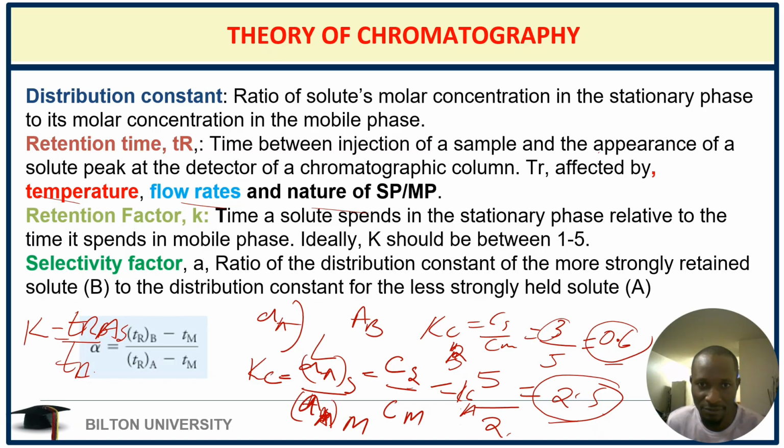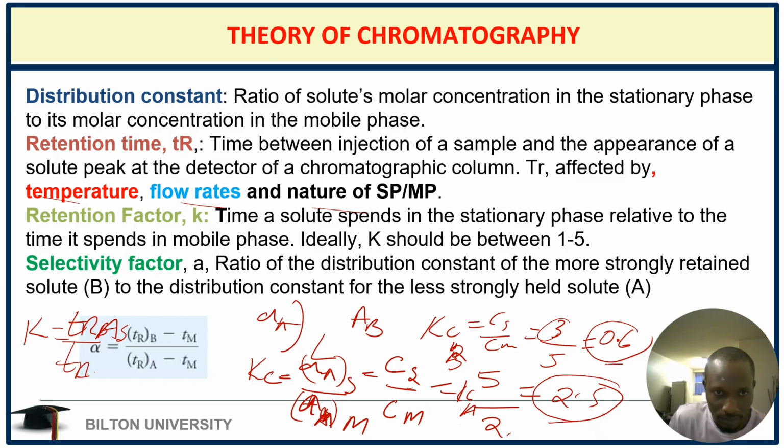And we have the selectivity factor. Now, the selectivity factor is going to tell us the ratio of the distribution constants of the more retained species compared to the less retained species. When we are talking about retained species, these are the species that spend more time in the stationary phase than in the mobile phase.